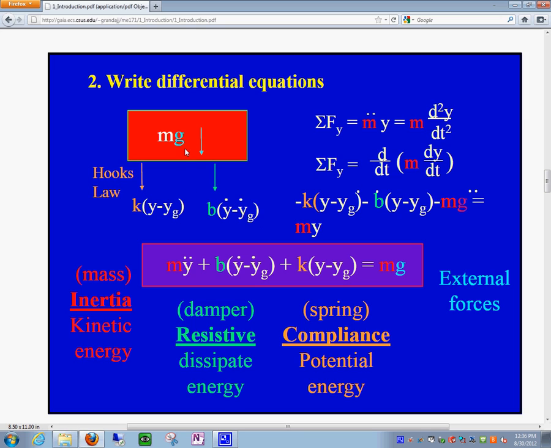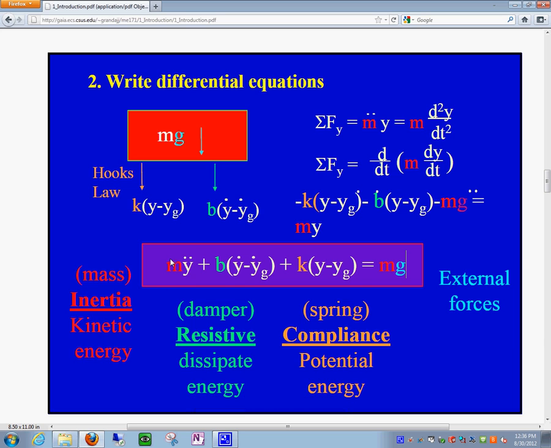Now we could put these three forces into a summation as you see here, and come up with the differential equation that you see down here, which is the one that actually represents the dynamics of the system. My point here is that each one of these terms is associated with different elements.